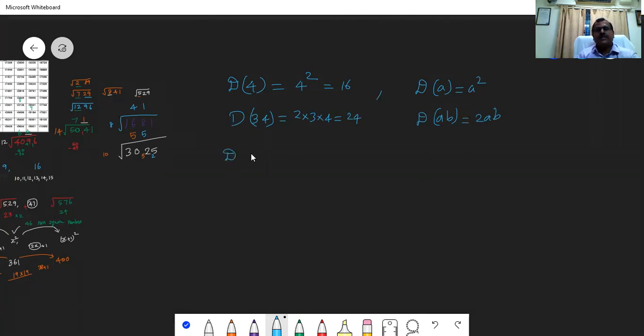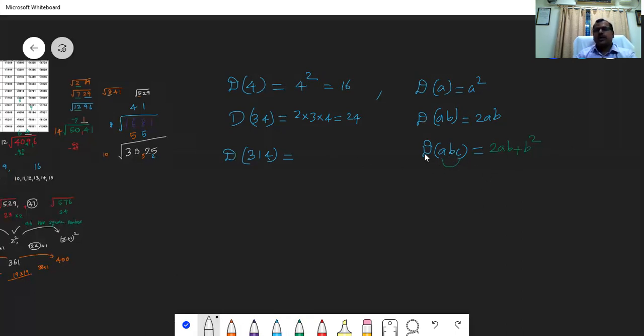Suppose three digits are given, like 3, 1, 4. See the formula: A, B, C. The formula is 2AC plus B square. 2AC plus B square.